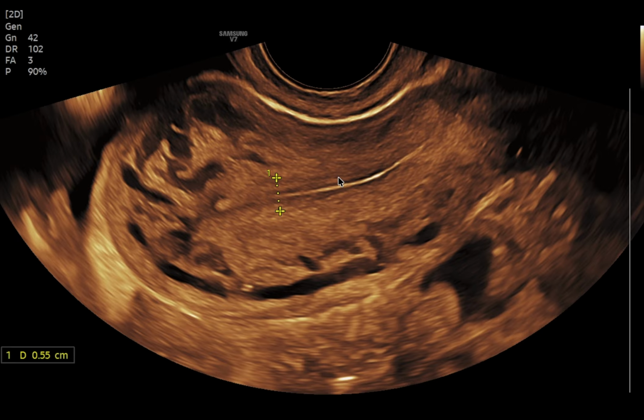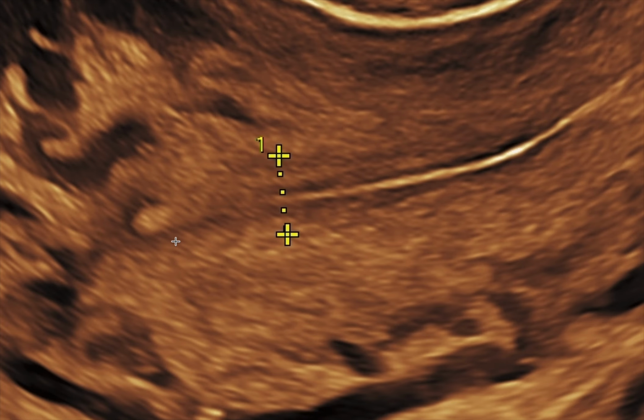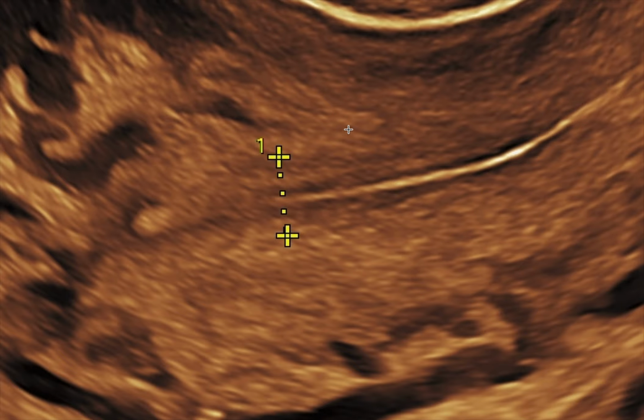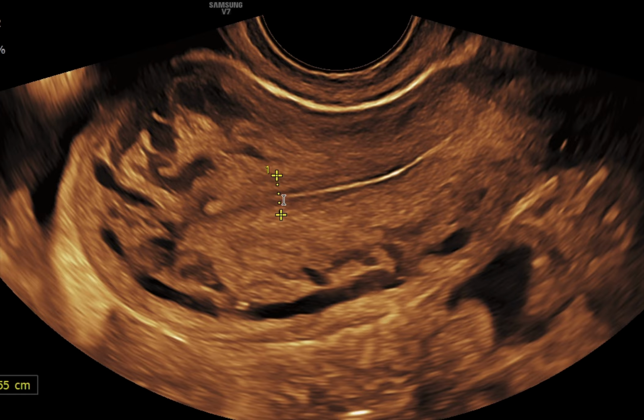And the endometrium and myometrium junction is well demarcated. We can distinguish the endometrium and the myometrium, and there is no hyperechoic focus in the myometrium, and there are no cystic spaces at the endomyometrial junction.